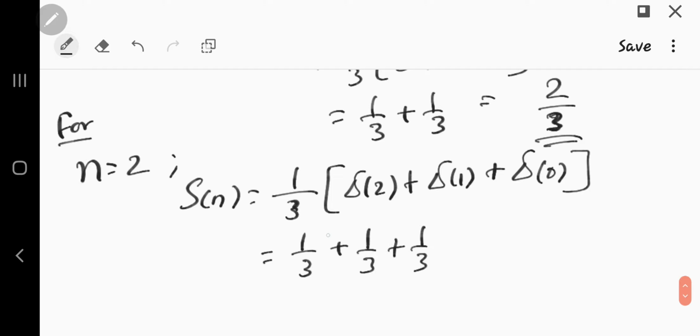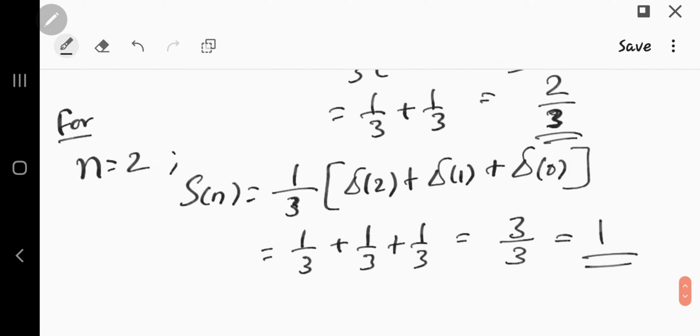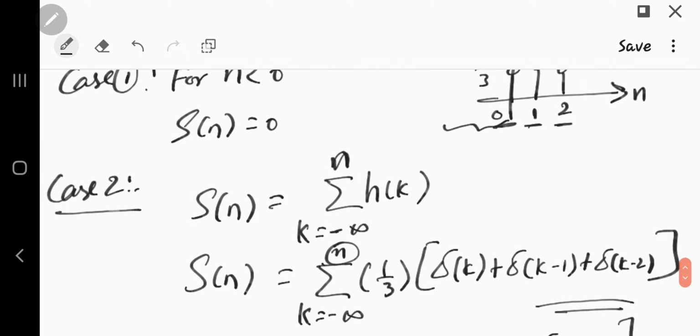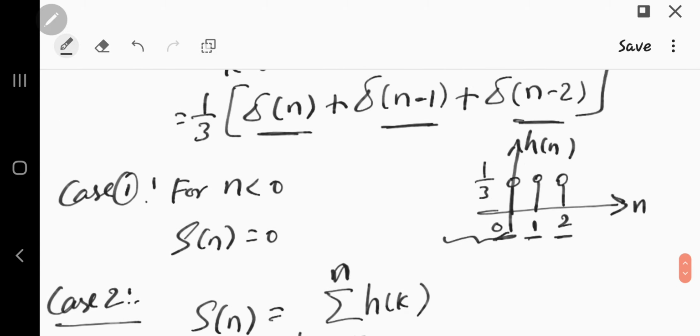You might be wondering why I have not multiplied this, because delta 2, delta 1 and delta 0 are 1 only at their respective points, and are scaled by the scale factor 1 by 3. So we have to add these three here. That will give you 3 by 3, which is equal to 1 here. So this is the solution for this problem.